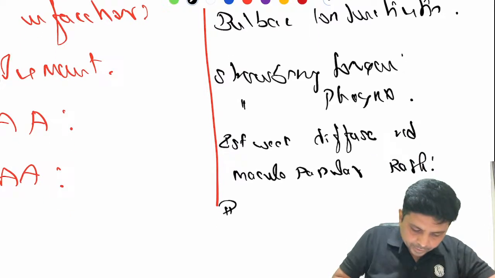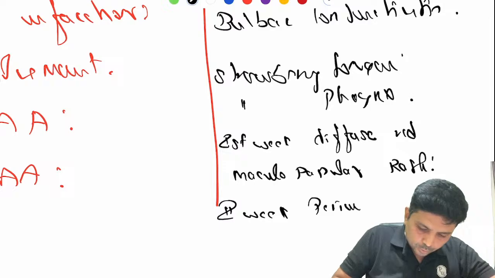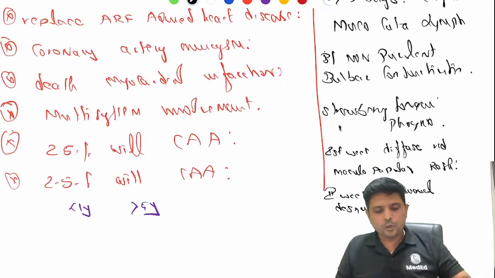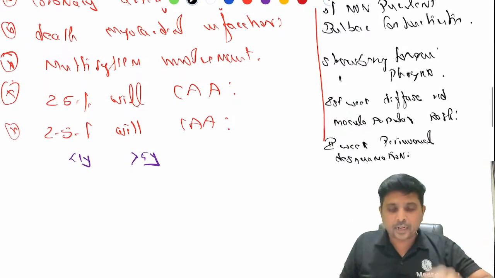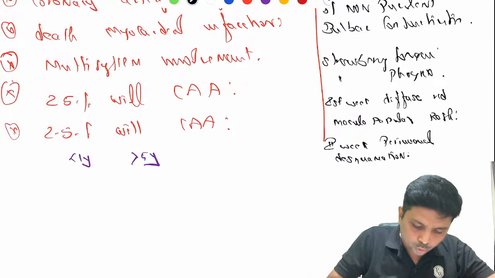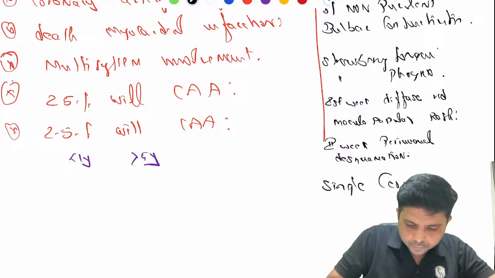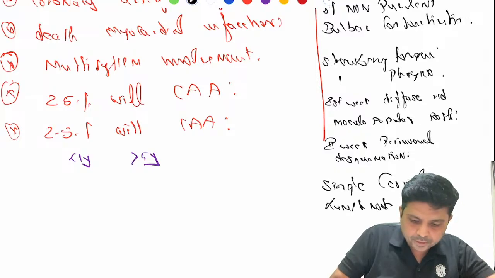In the second week, you will get periungual desquamation. That is peeling of palms and soles. So 2 points with respect to mucus, 2 points with respect to skin, and 1 point with respect to node. Single cervical lymph node of more than 1.5 cm.